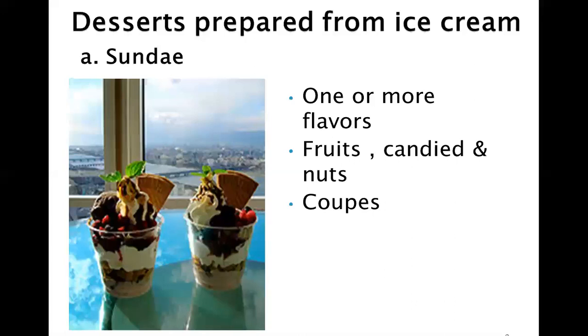In the picture you can see in the glass how different flavors of ice cream are added, and then it is topped with chocolate sauce, wafers, and even mint leaves. In French, these are also called coupes.